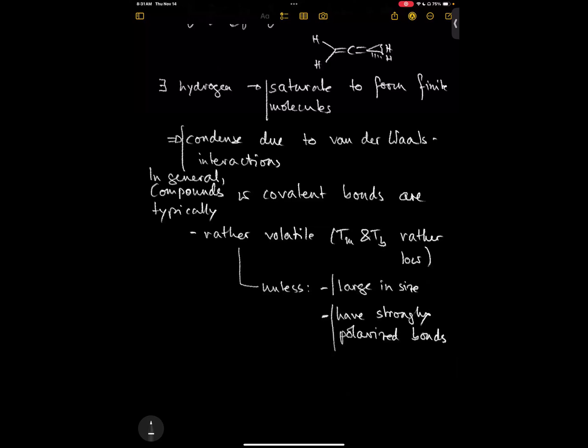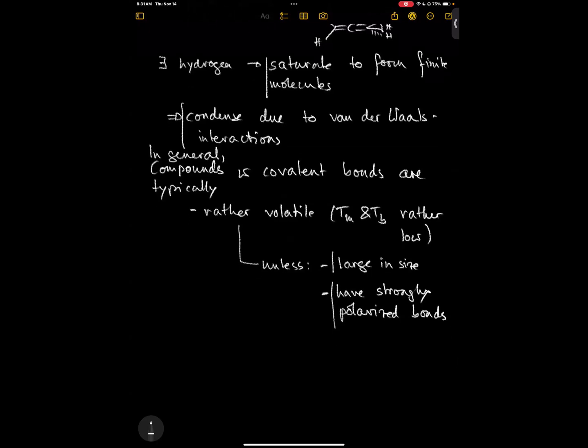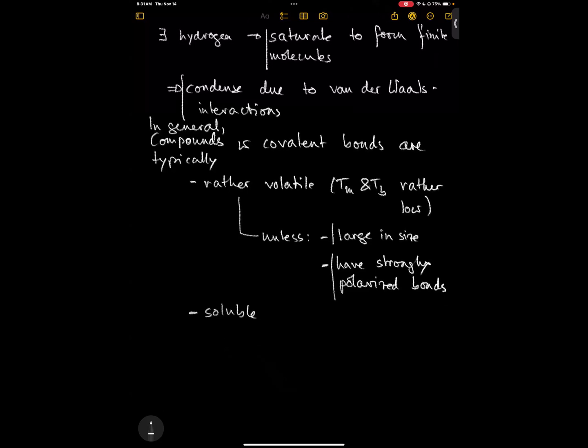So, for instance, if you consider salts of organic acids, these are obviously very crystalline and not at all volatile. But these are the exceptions. So for very strongly polarized bonds, now they are usually also soluble in one solvent or another.